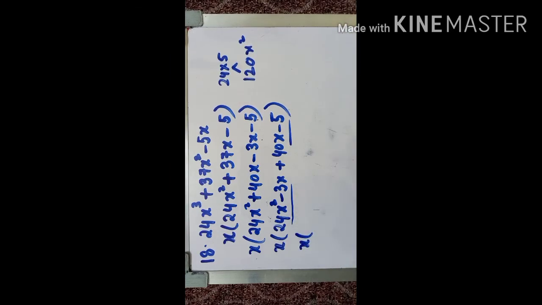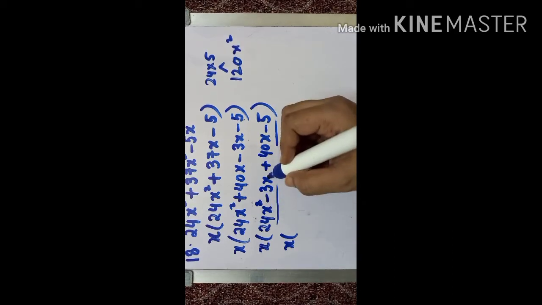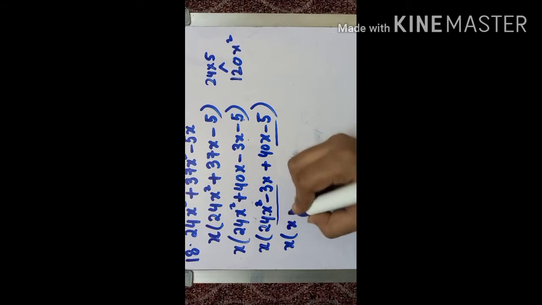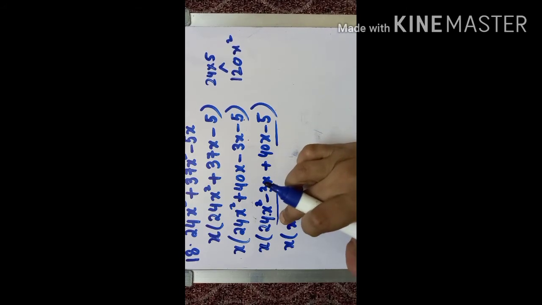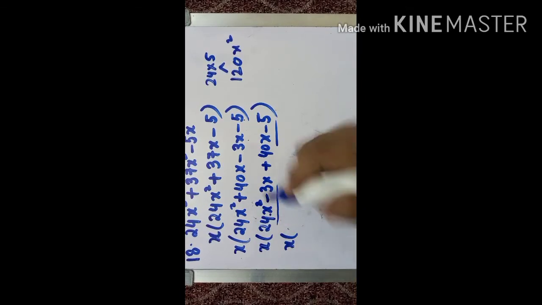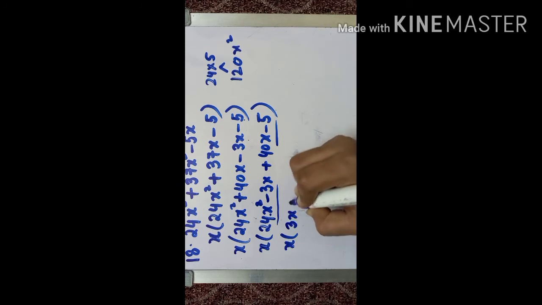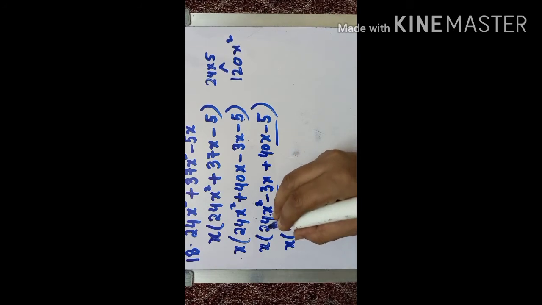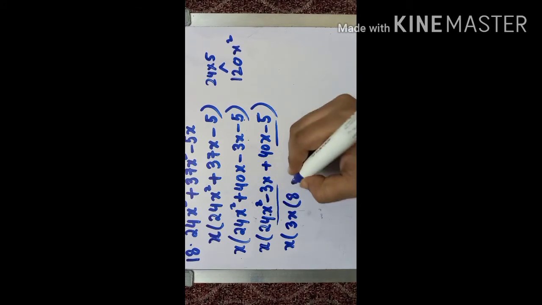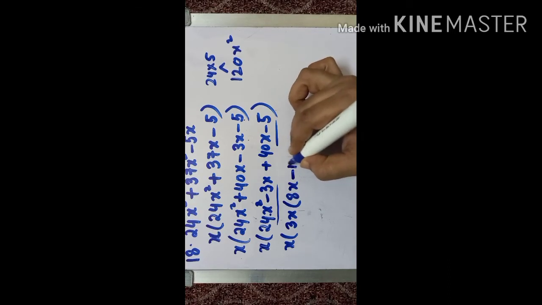Now here 24x square. Here 3x is there, so x you can take common first of all. Along with x you can take 3 also common. So 3x you can write. 3 into what will be 24? 3 eights are 24. So here x square is there, 1x already taken, 1x will be remaining, minus 3x already taken, so here 1 you will get.